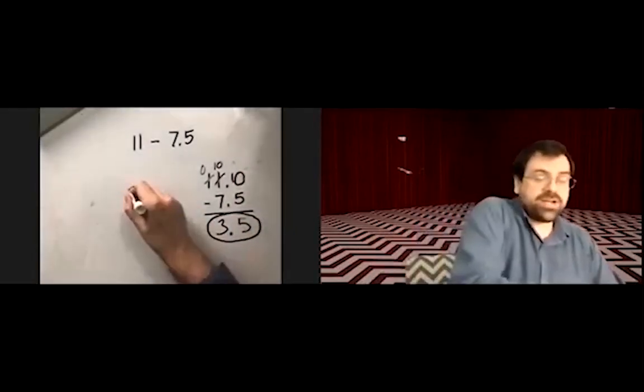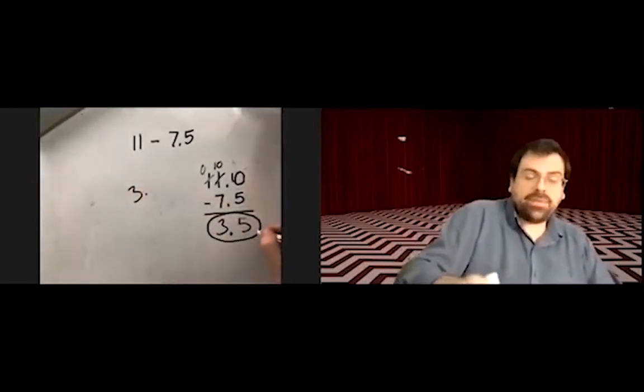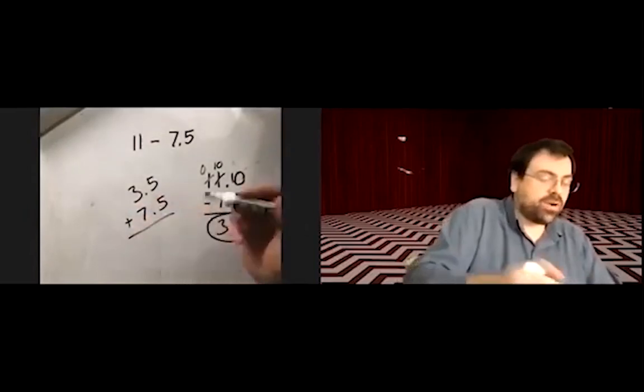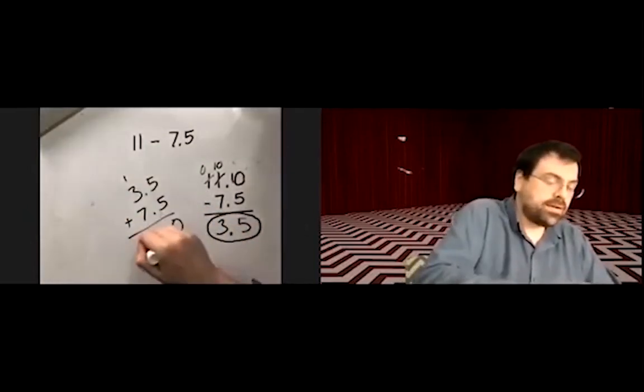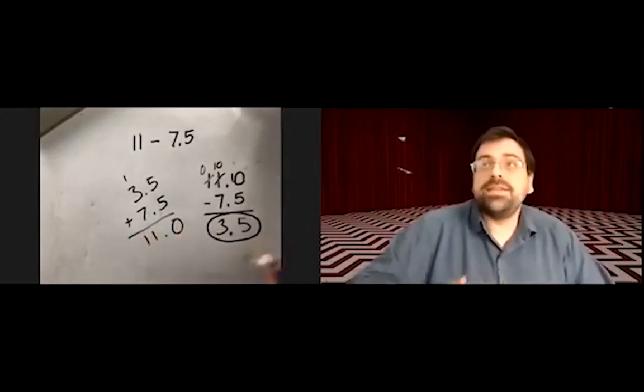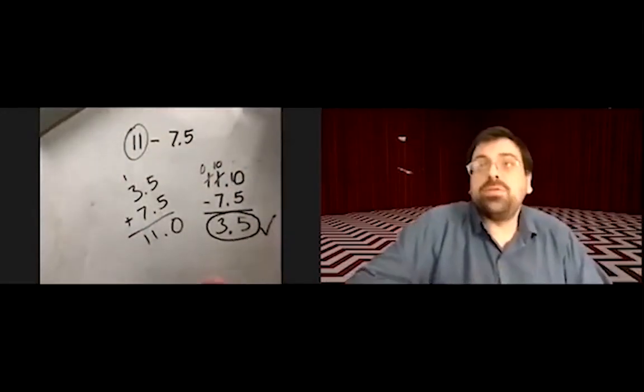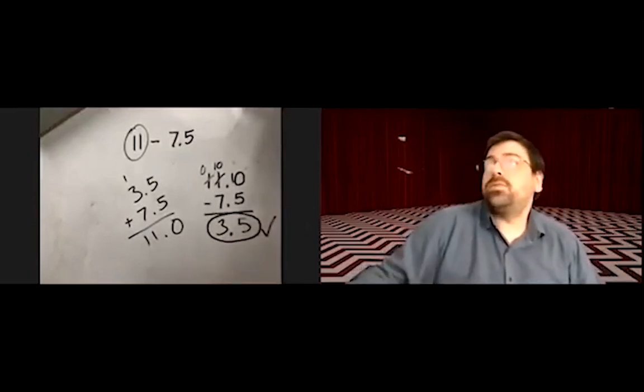We can check with addition if we want. Add up 3.5 plus 7.5, and what do we get? 11.0, which is 11. So 3.5 is the answer when we subtract.